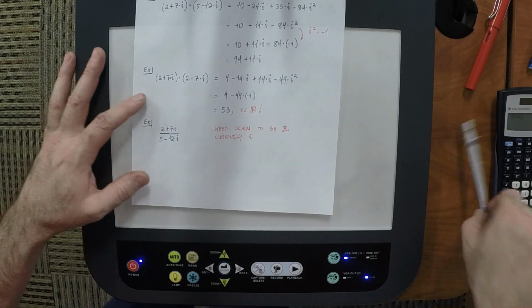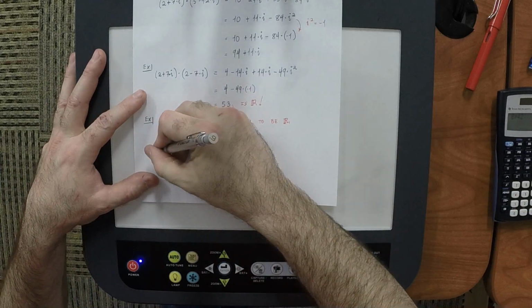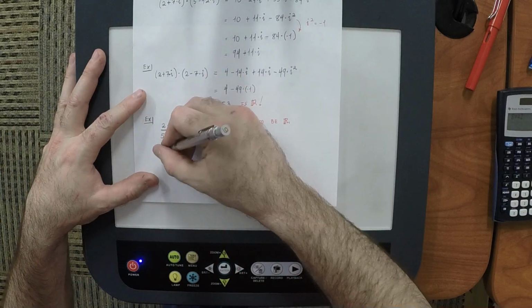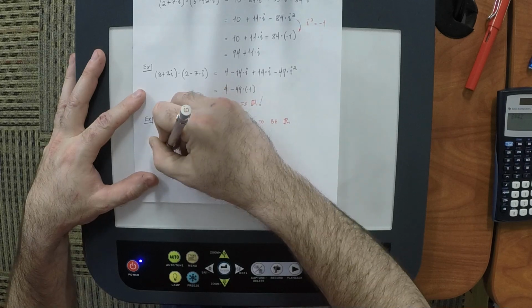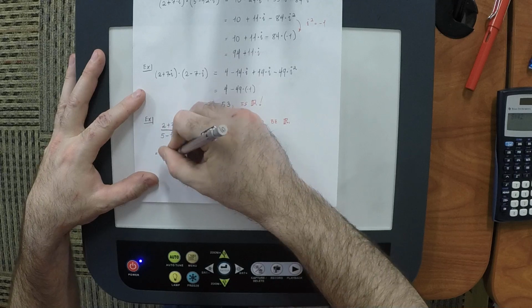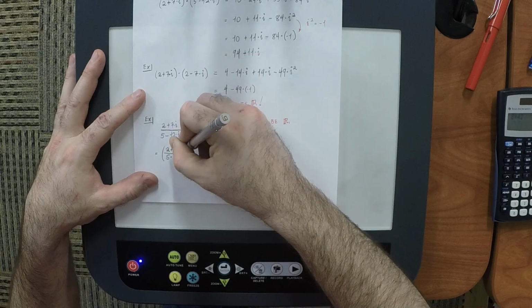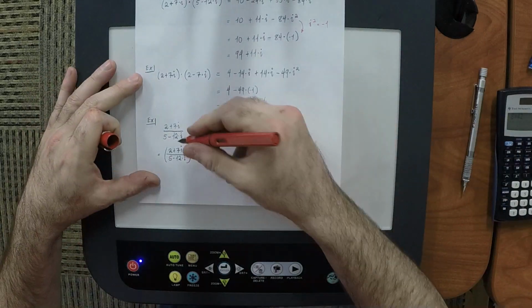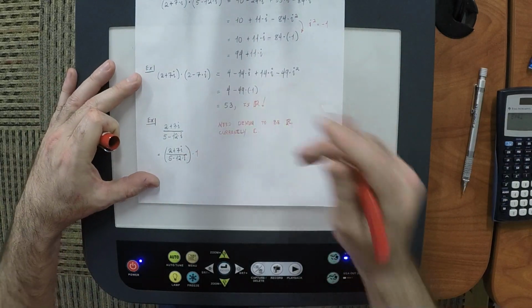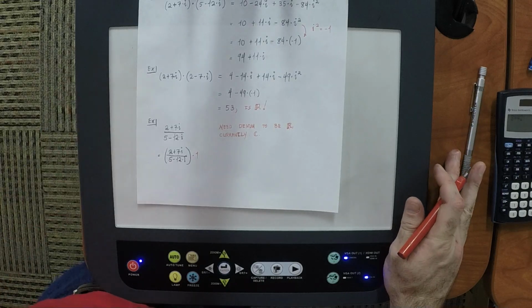Okay, let's think about it for a moment. We want to take this expression that was given, and the only thing that's permissible to multiply this by is 1. You can't multiply it by anything else, because if you multiply it by something and it's not 1, then you change it.